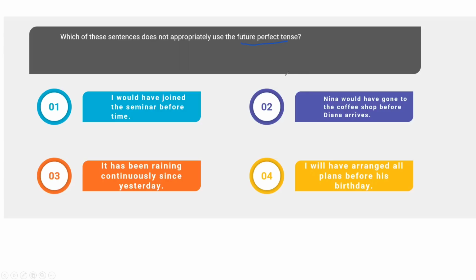The future perfect tense has the syntax will plus have plus the V3 form of the verb. If the word is write, then V2 is wrote and V3 is written. So the syntax of future perfect tense is will plus have plus V3.